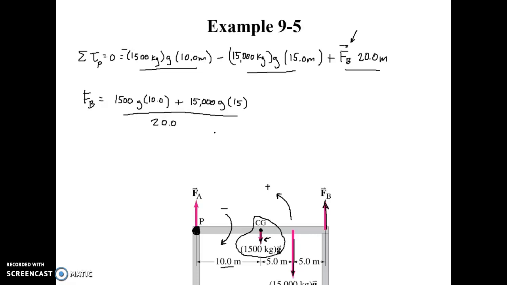Okay, so I suppose I've been kind of neglecting to substitute in the value for G. No particular reason. I guess I can do that now.